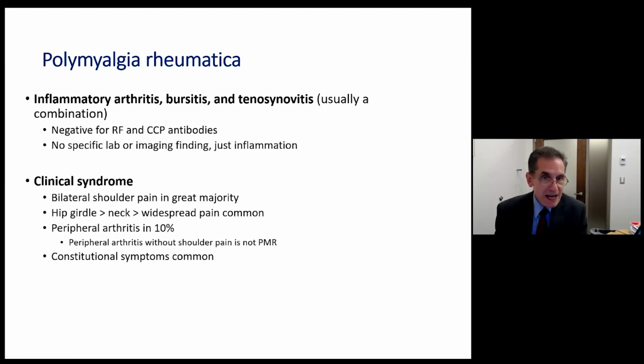Hip girdle and neck can also occur. Peripheral arthritis, like a hand, for example, can occur in about 10% of patients. But it's important to remember that if someone has peripheral arthritis without shoulder pain, that is not PMR. And a lot of these patients have constitutional symptoms like fatigue, maybe weight loss, even low-grade fevers at times.